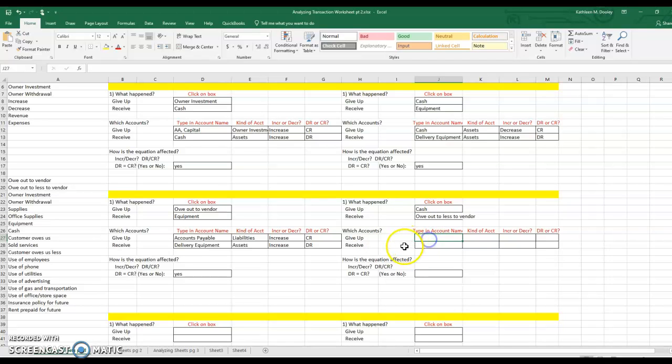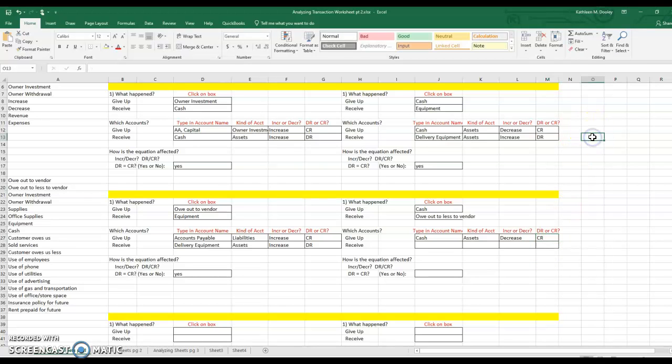So for our give up, which is cash, we know that there's a cash account and that it is an asset. We're paying cash out, so that is a decrease in cash. And when we have a decrease in an asset, it's the opposite of increase, and so that would be a credit.